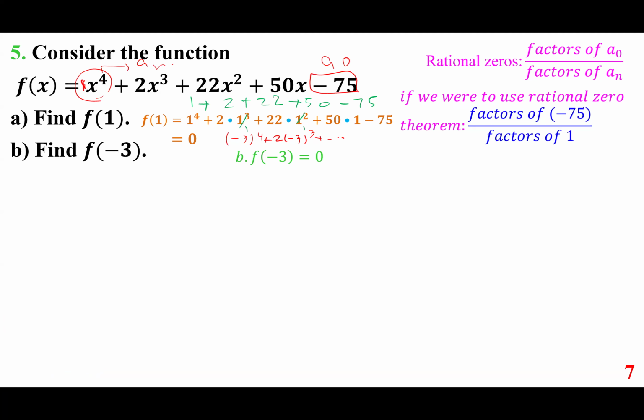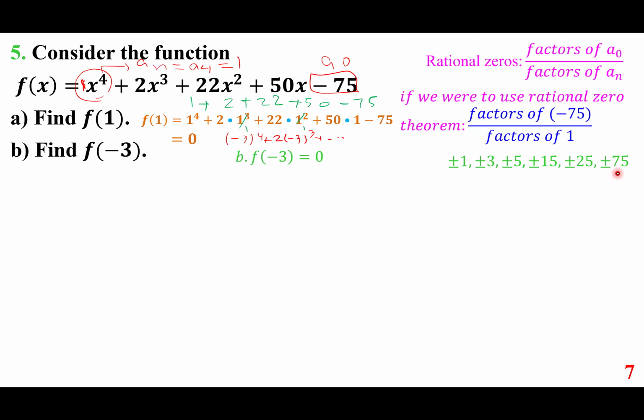So a sub n, a sub 4, equals 1. Why a sub 4? Because the degree is 4. And so factors of 1 is plus or minus 1, and factors of negative 75, that's plus or minus 1, plus or minus 3, plus or minus 5, plus or minus 15, 25, 75, so many, okay?